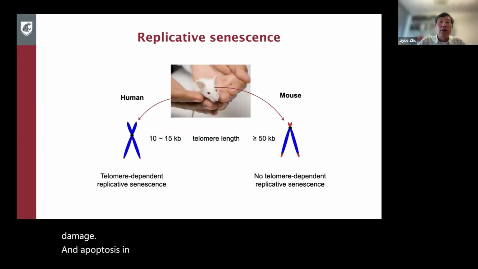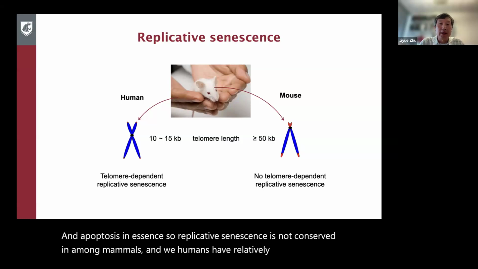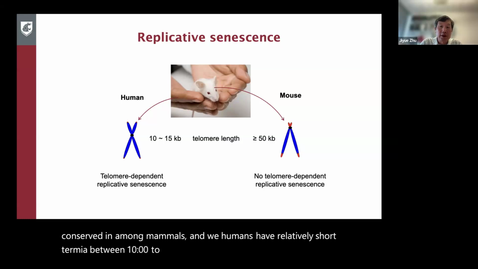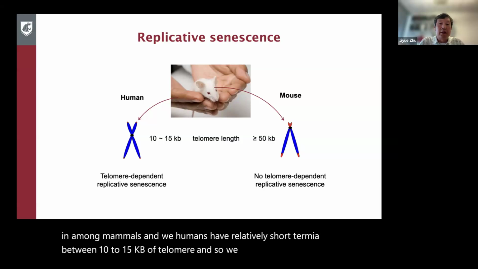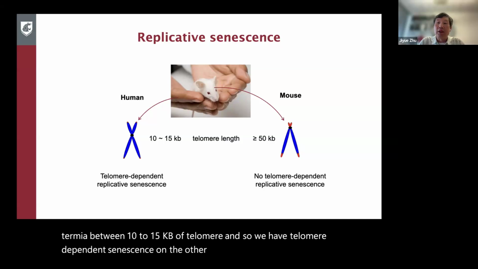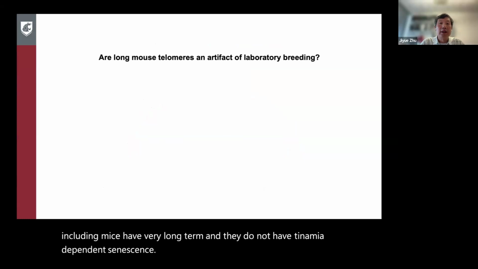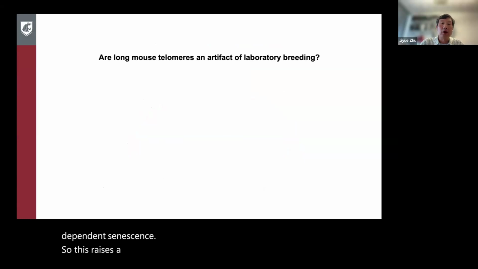Replicative senescence is not conserved among mammals. We humans have relatively short telomeres, between 10 to 15 kb, and so we have telomere-dependent senescence. On the other hand, many mammals, including mice, have very long telomeres, and they do not have telomere-dependent senescence.